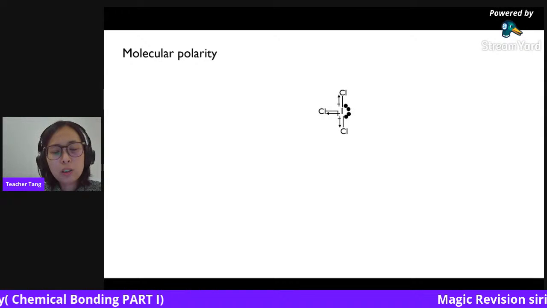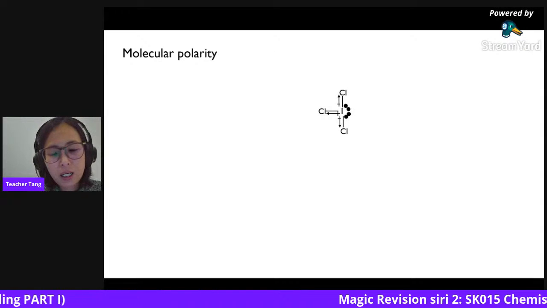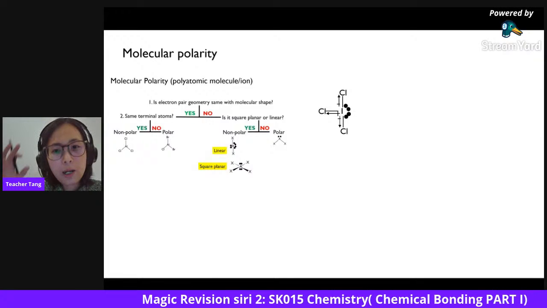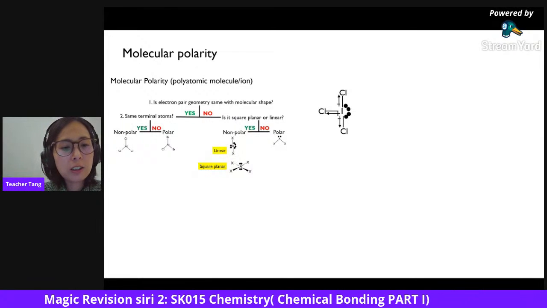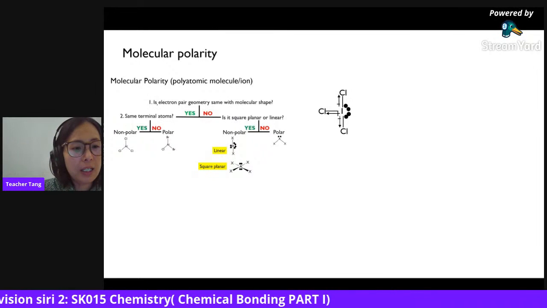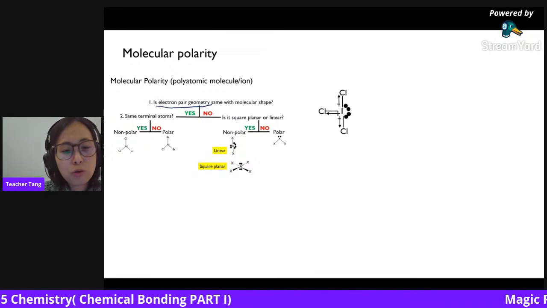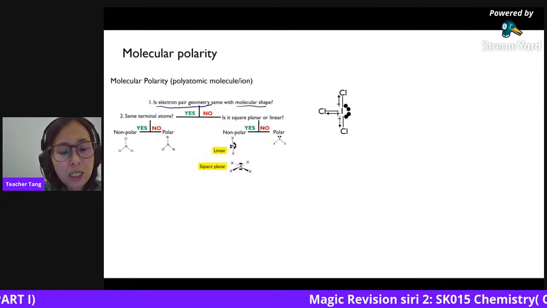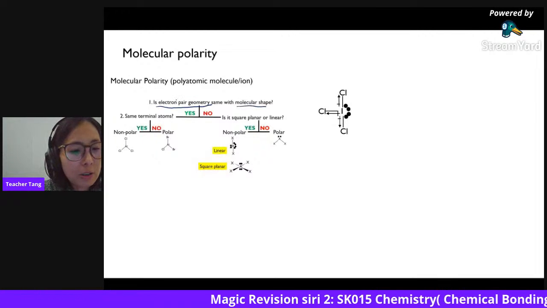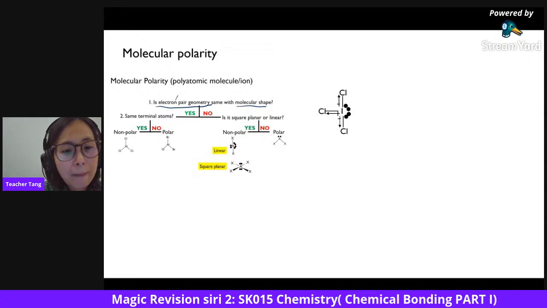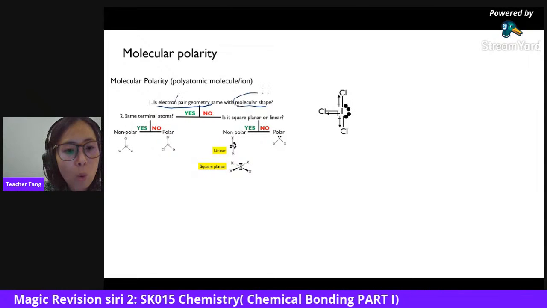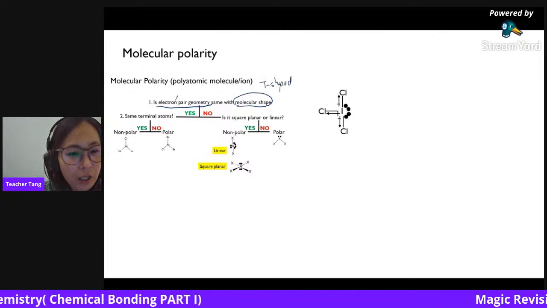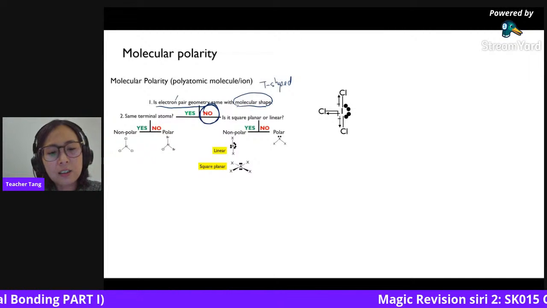And to determine whether ICl3 is polar or non-polar, again, we go through the flow chart. The first question that we need to ask ourselves is whether the electron pair geometry is the same as the molecular shape. In this ICl3, it is different. Remember, the electron pair geometry is trigonal bipyramidal, while the molecular shape is T-shape. Since it is different, the answer to the first question is no.